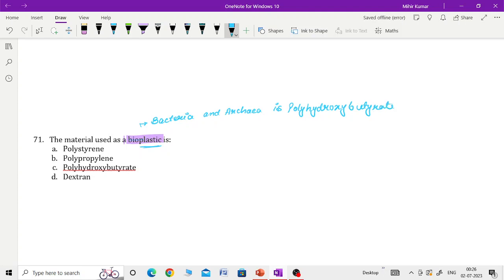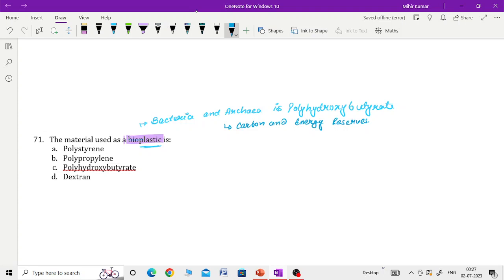Polyhydroxybutyrate is a compound which is produced by bacteria and archaea, and they use this compound as a carbon and energy reservoir.